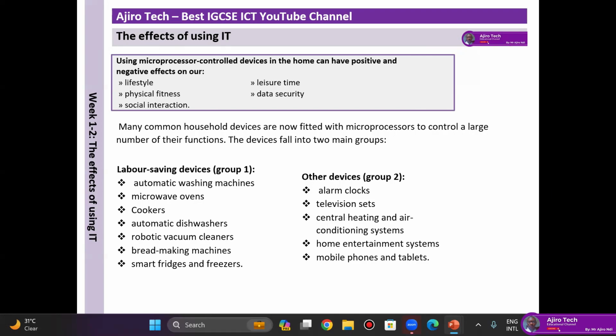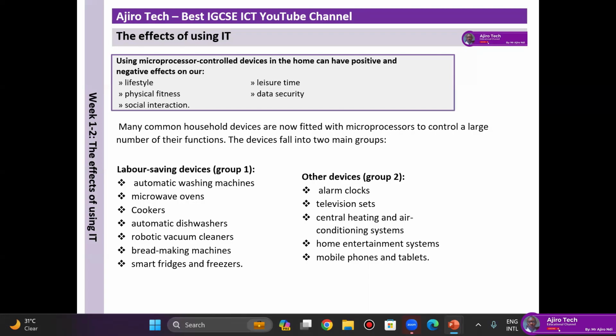The first one is automatic washing machines, microwave ovens, cookers, automatic dishwashers, robotic vacuum cleaners, bread making machines, smart fridges, and freezers. These are labor saving. When we talk about labor saving, it simply means these are devices that help us do certain tasks while we do other things. It creates room for us to do other things while these devices do the task.